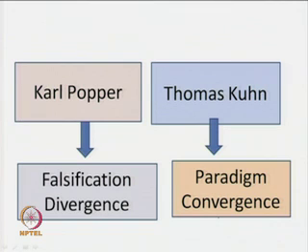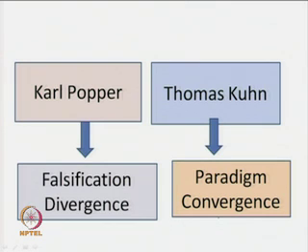This lecture would not really be complete if we did not bring in two very important philosophers of science, whose work has contributed not only to the philosophy of science, but also to social studies of science and technology, and to cultural studies of science and technology.